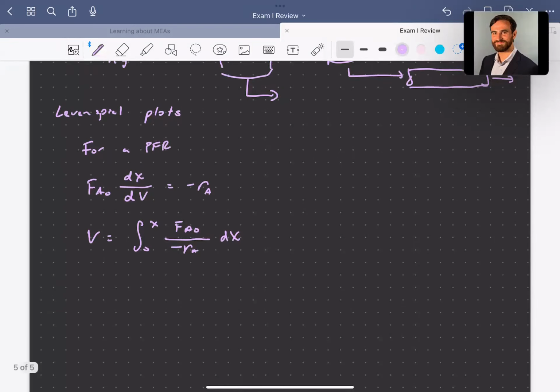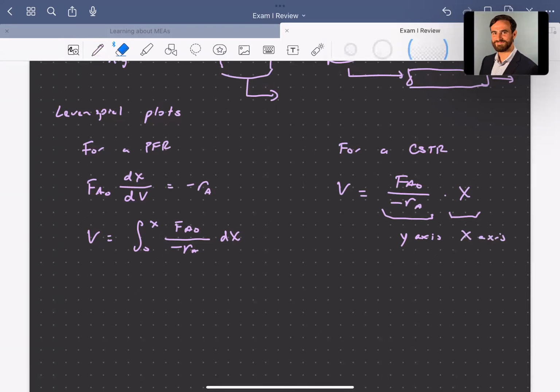And so we can see the similarity with the CSTR. We solve out that mole balance for volume. So the volume is equal to FA naught divided by minus RA times X. Okay, so here if I plot FA naught divided by minus RA as my y-axis and conversion as my x-axis, then the reactor volume you can see is going to be an area of a rectangle of dimensions y times x for a CSTR.